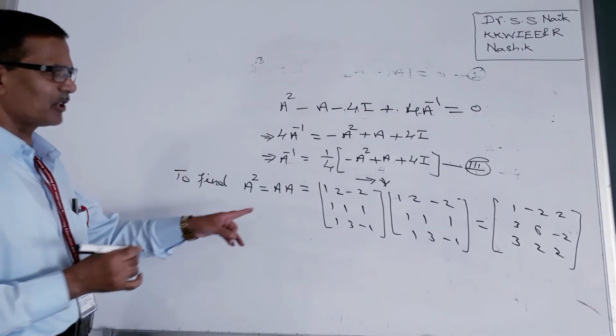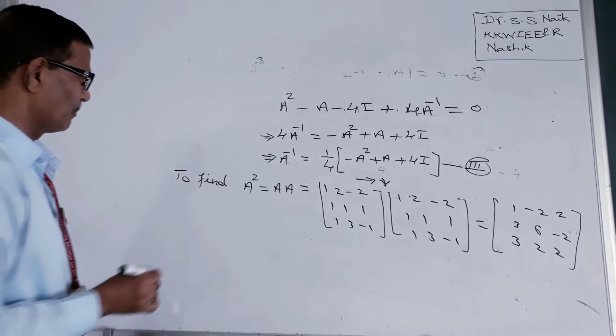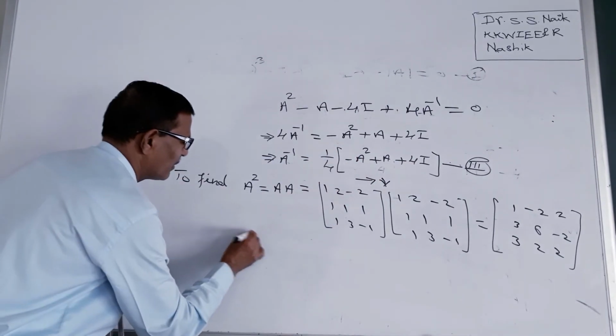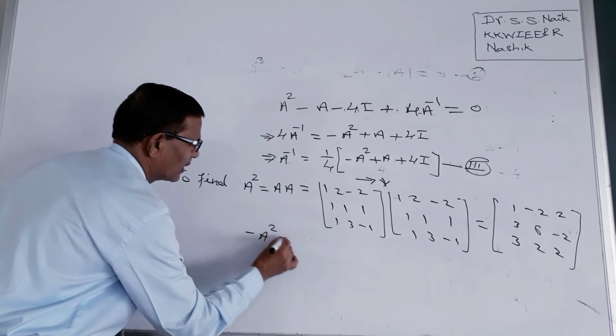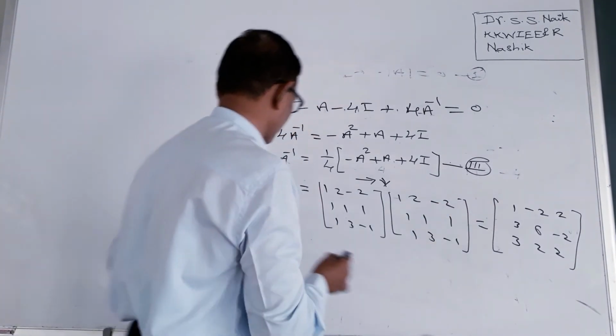Now A square is known to you, and A is the given value, but we want to find minus A square. Therefore each of the elements will be negated.